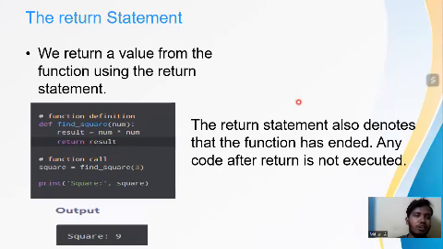Here we are talking about function return. We return a value from the function using the return statement. Whatever value is obtained as a result is returned here. For example, if we give 3 to the power of 2, it is 9, and we obtain 9 as the return value.